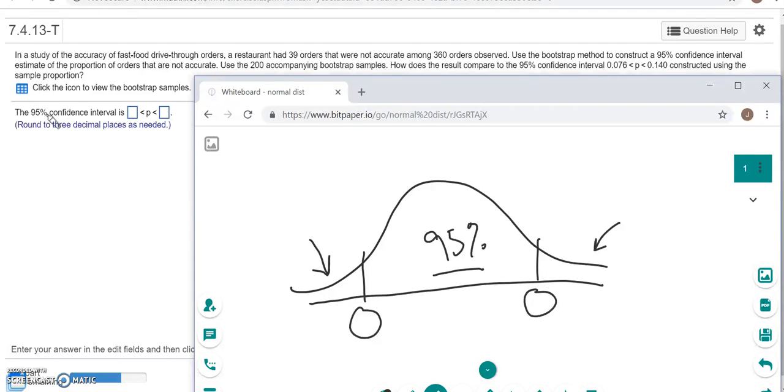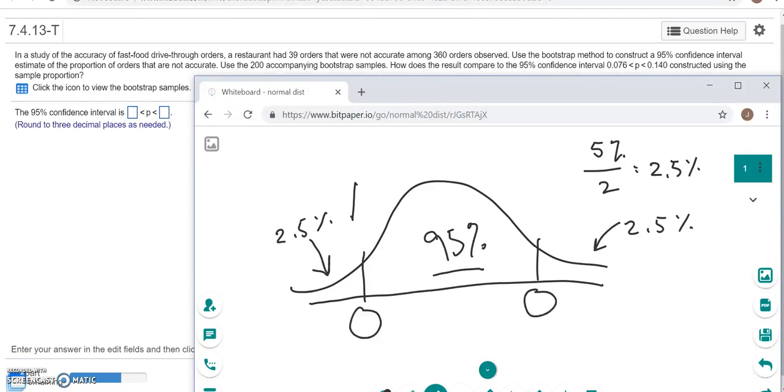But since there are two tails, that 5% needs to be split evenly, half going into the left tail and half going into the right tail. So if we take 5% and divide it by 2, we get 2.5%. So the left tail has 2.5%, and the right tail also has 2.5%.